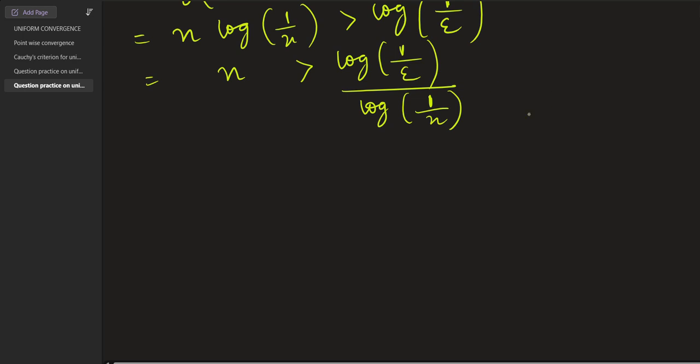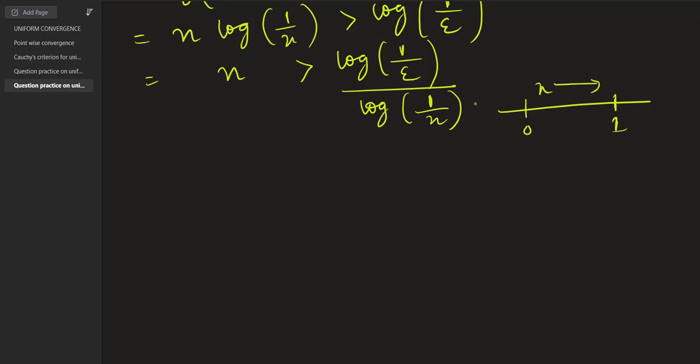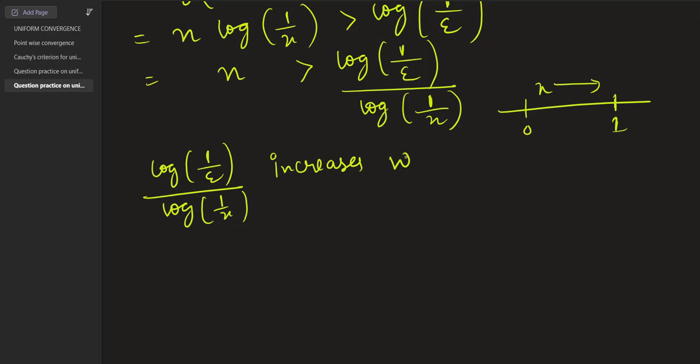As we see, if you move from 0 to 1, x moves toward this, then this value is going to be maximum. That is, log 1 by epsilon upon log 1 by x increases with x.